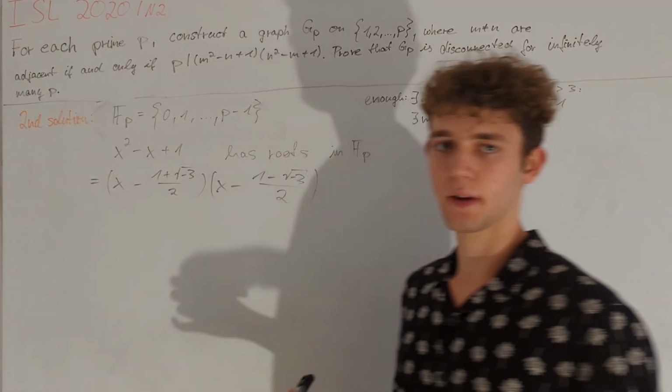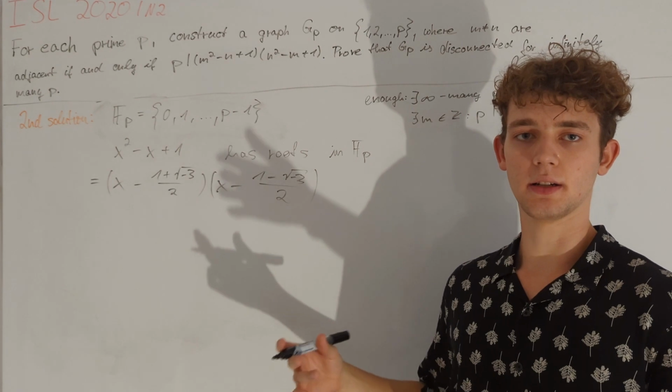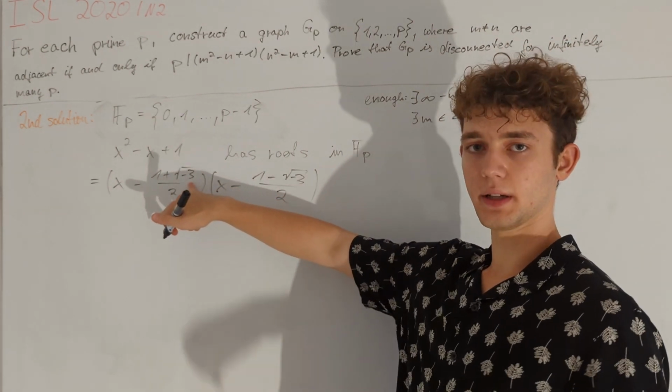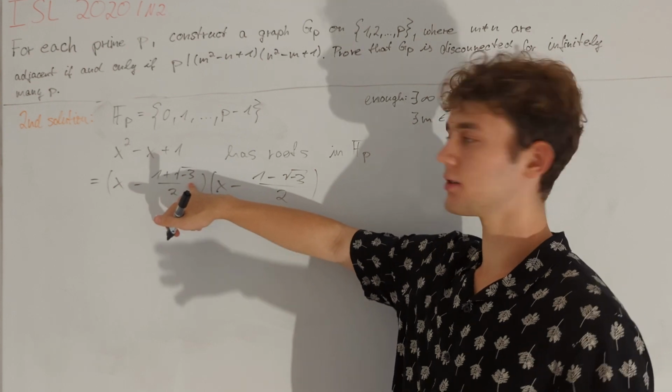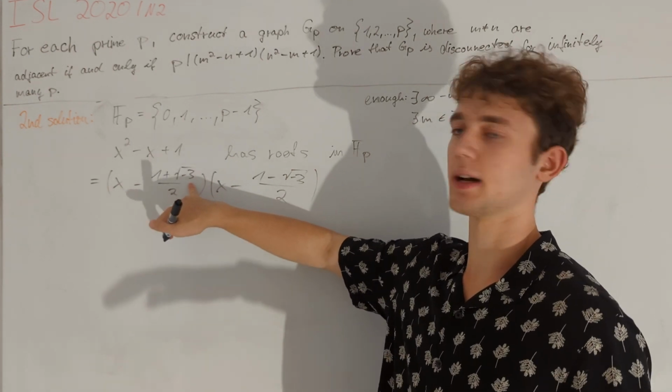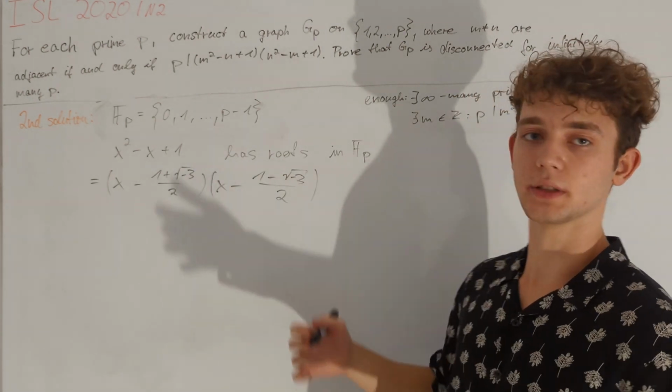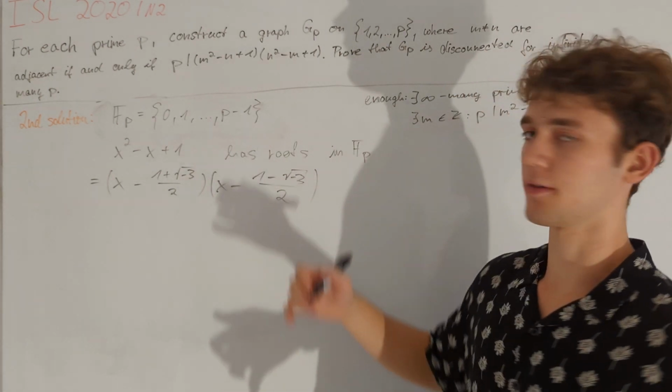Now, this factorization might not immediately make sense in Fp, because the square root of -3 is definitely not an integer and not even defined within the real numbers. And therefore, it would be surprising if we were able to do that in Fp.